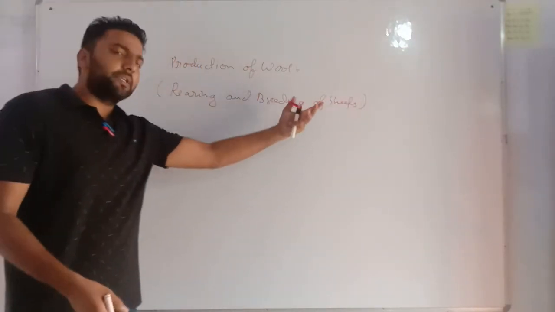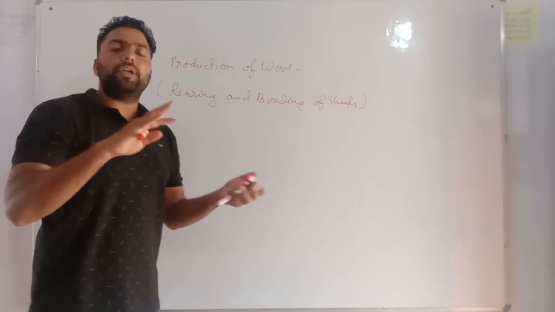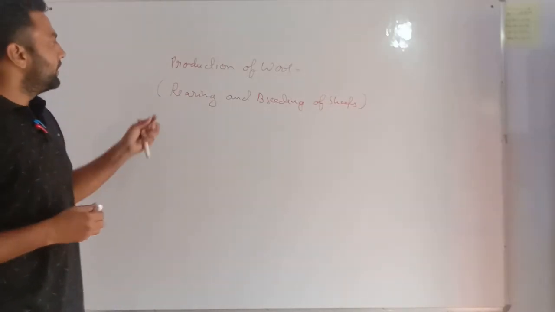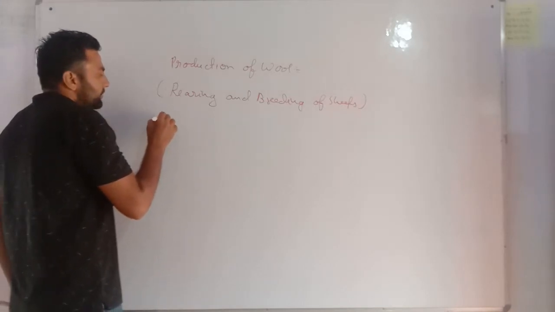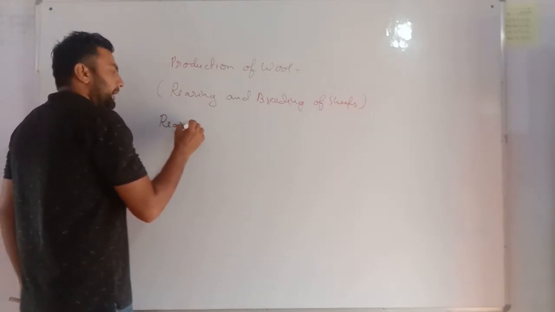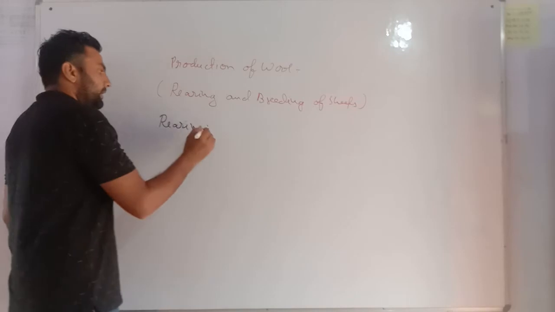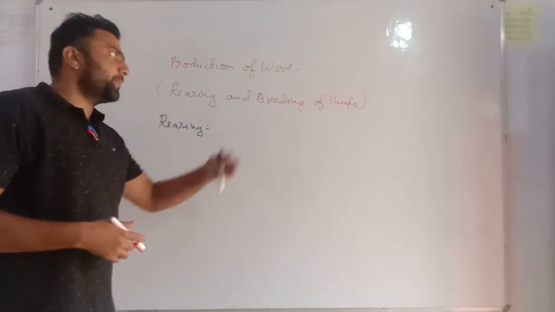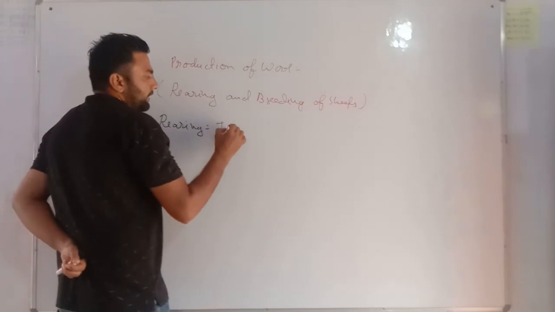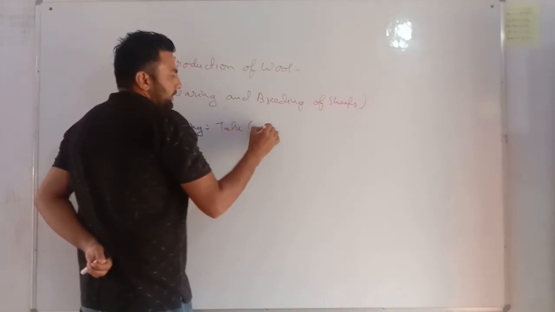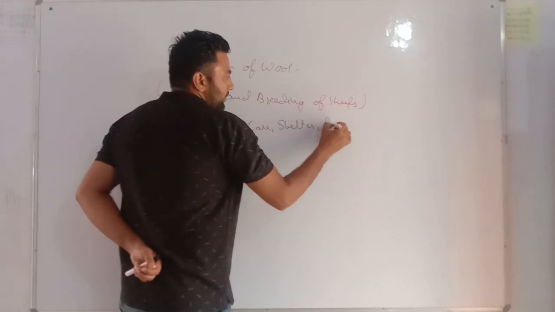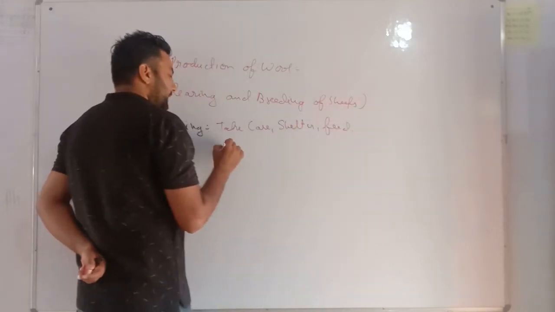and I myself have many times seen these sheep present in the fields near your areas in the countryside. See my dear students, first of all, you need to understand what the word rearing means. Rearing means to make the sheep a pet, to take care of them, give shelter, and feed them.